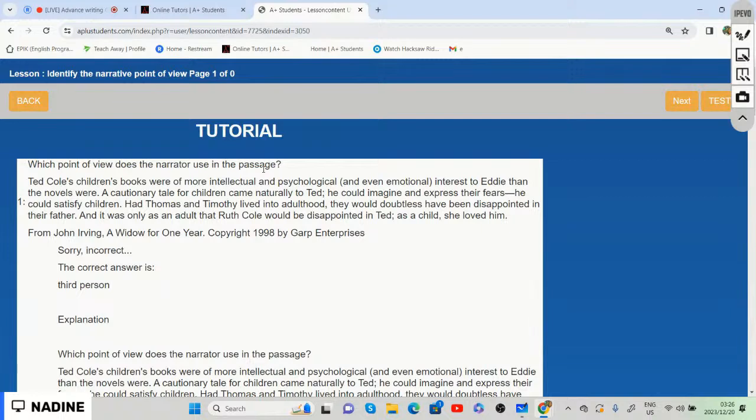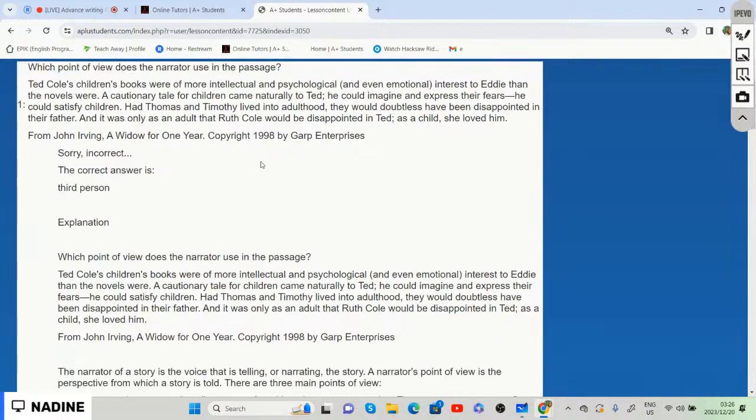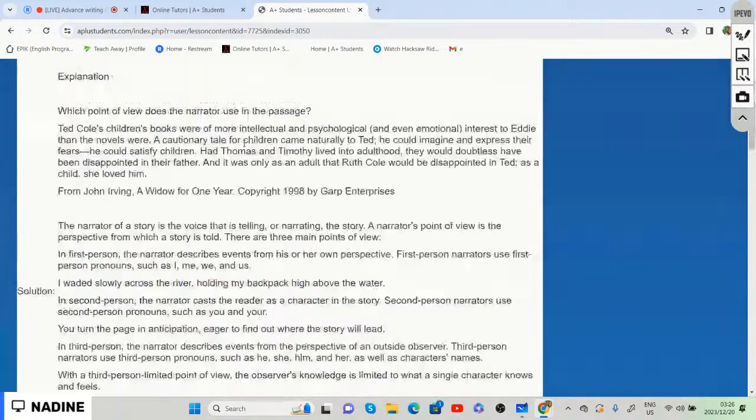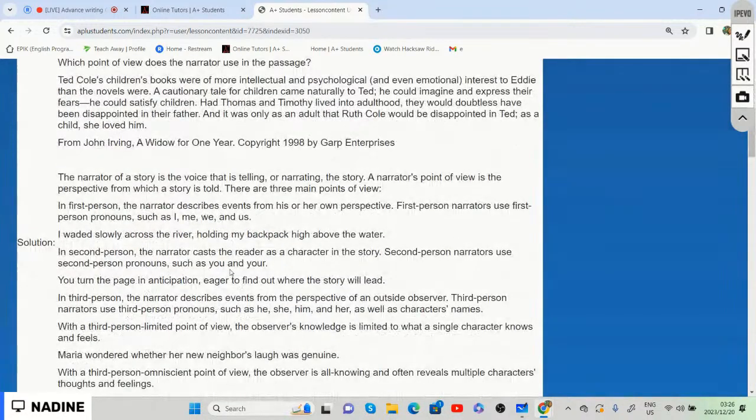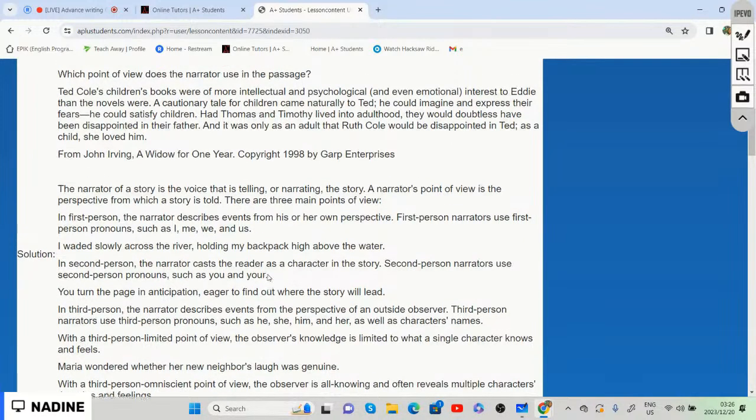And remember, we said first person is the narrator's point of view. Second person is where the narrator casts the reader as a character in the story. And in third person, the narrator describes events from the perspective of an outsider.